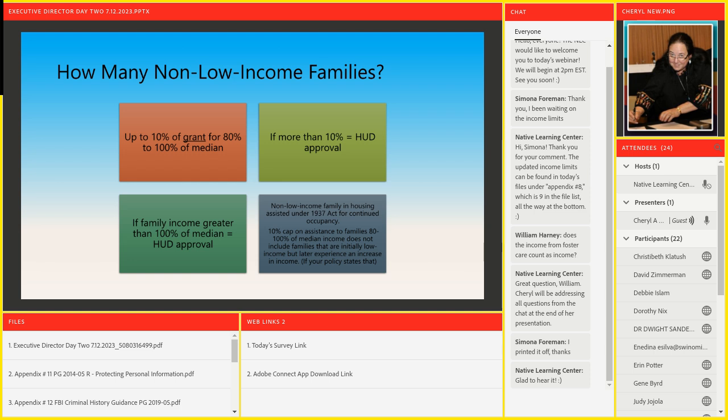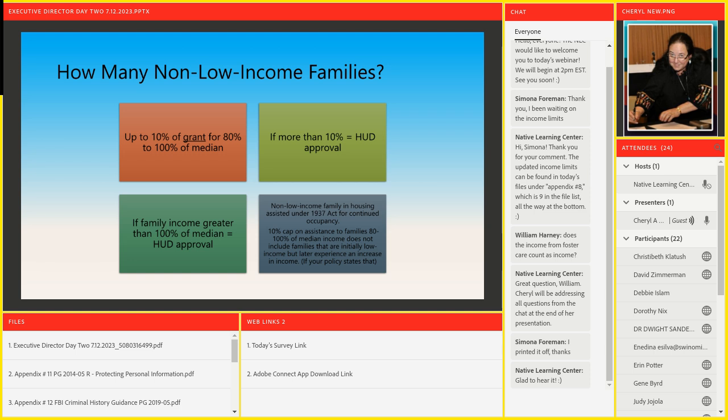You can continue to service them at the same rate that they were getting, or you can charge them a formula, and the guidance will show you how to do that, or you can charge them up to fair market. So you have to make the decision at what rate you're going to charge them.